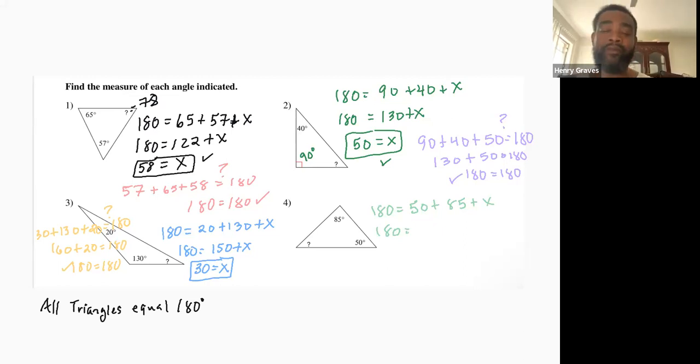That should be 45, but let me check my answer. Yep, that's 45. And that should be my answer. But again, I can check my work in case I make mistakes, because we all make mistakes. So I'm going to do 50 plus 45 plus 85 should equal 180. So 50 plus 45 is 95 plus 85. Yeah, that is 180.